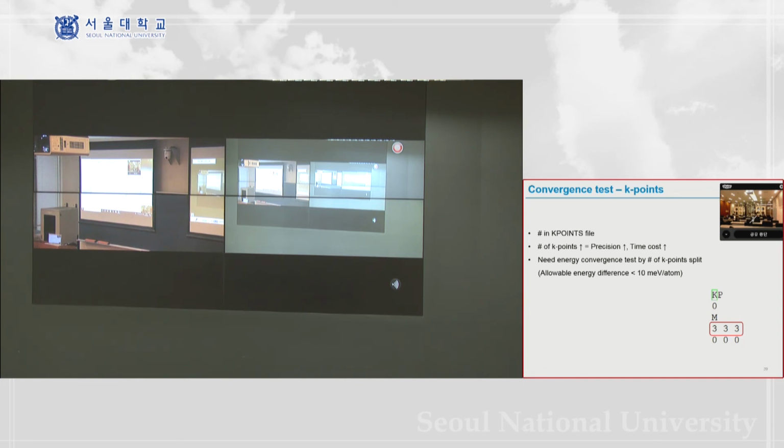As we increase the number of K points, the precision will be more accurate, but the time cost will increase. Time cost is generally proportional to the number of K points. So we need to test the convergence against the number of K points.